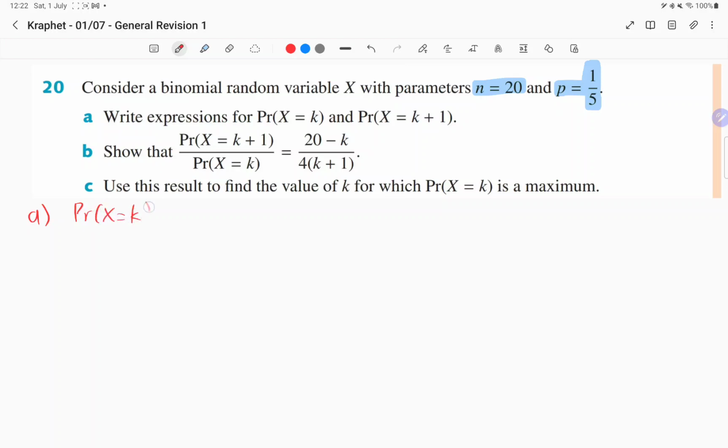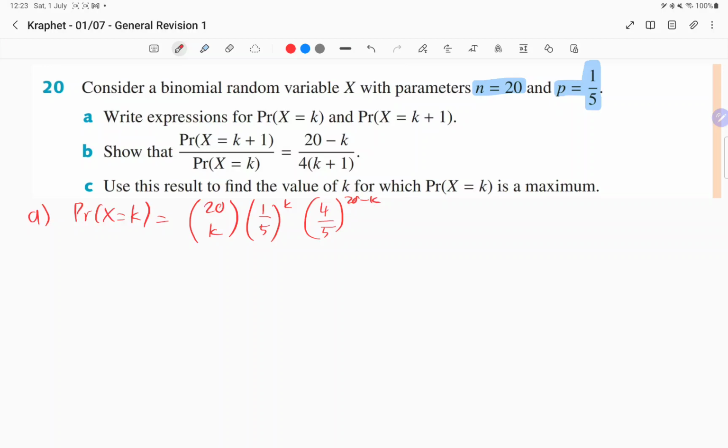Pr(X = k). Okay, X equals k needs 20 choose k, and then times 1/5 to the power k, and then times 4/5 to the power 20 minus k. Yeah, okay, that makes sense.